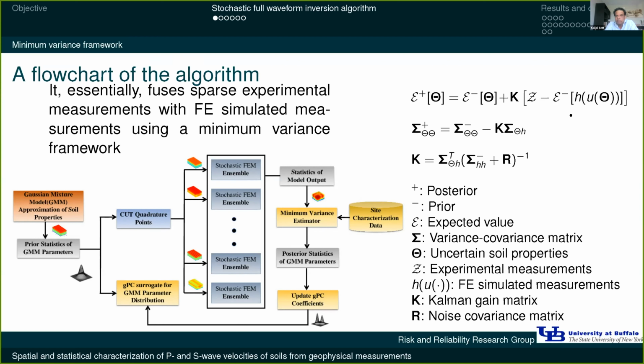The superscript plus denotes posterior, and the superscript minus denotes the prior, and epsilon is the expected operation, and capital sigma is the variance covariance matrix, and K is the Kalman gain matrix, and R is the noise covariance matrix.